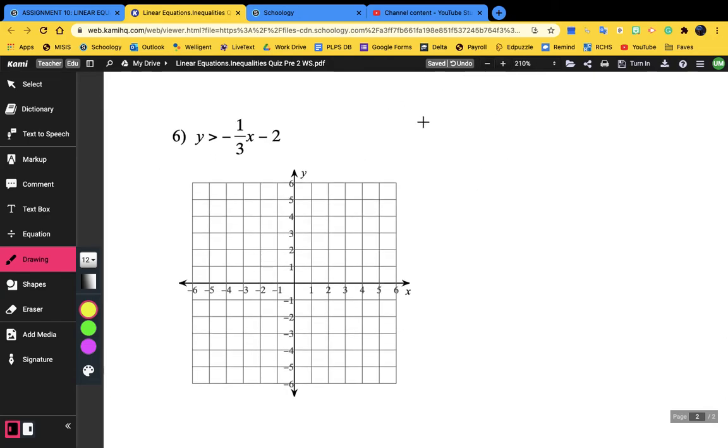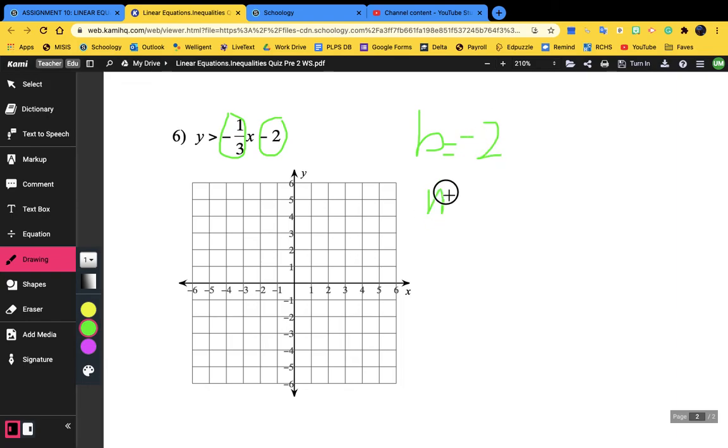Last one. So I'm going to identify my M. I gotta go back over here again, and I gotta go all the way to the top again. So my M is -1 over 3, and my B is -2. So B is equal to -2.